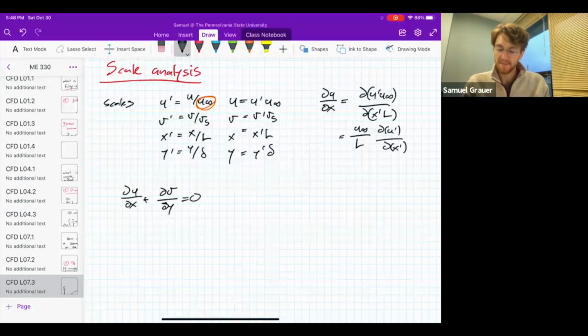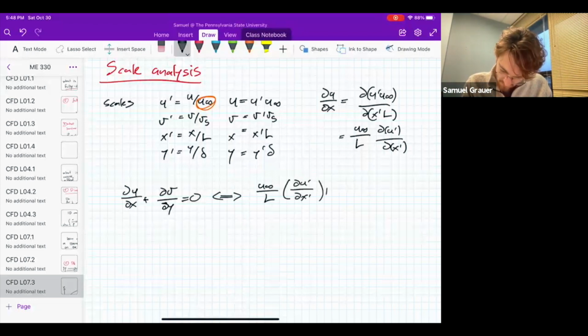And that is what we'd like to do to all of the terms here. So this is equivalent to saying u infinity over L times du prime/dx prime plus vs over delta times dv prime/dy prime equals 0.